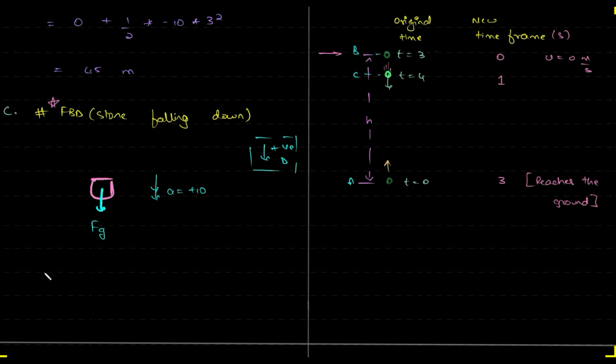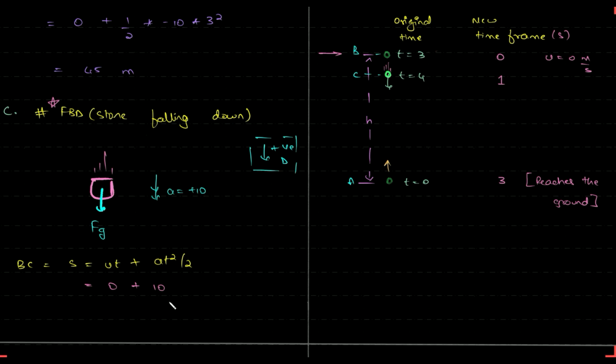Now what is it that we have to figure out? I have to find BC. So BC is equal to S, and we can use the formula ut plus half at square. This is equal to 0 plus, here it's plus 10, remember, because down is what we are figuring out for.